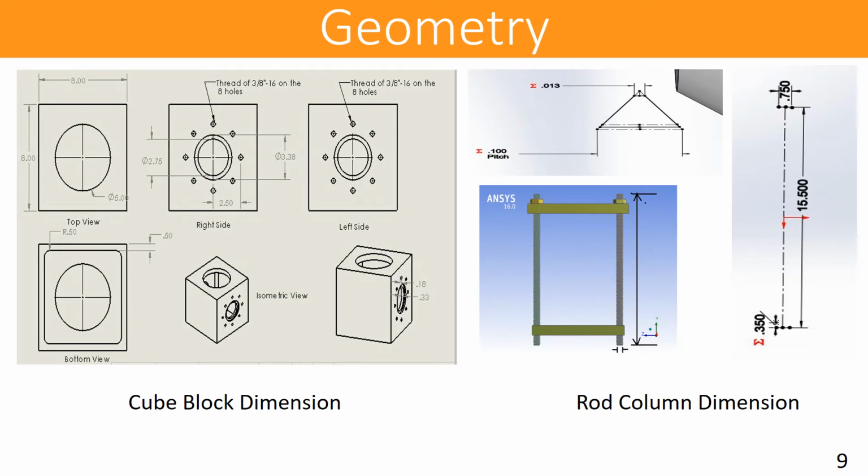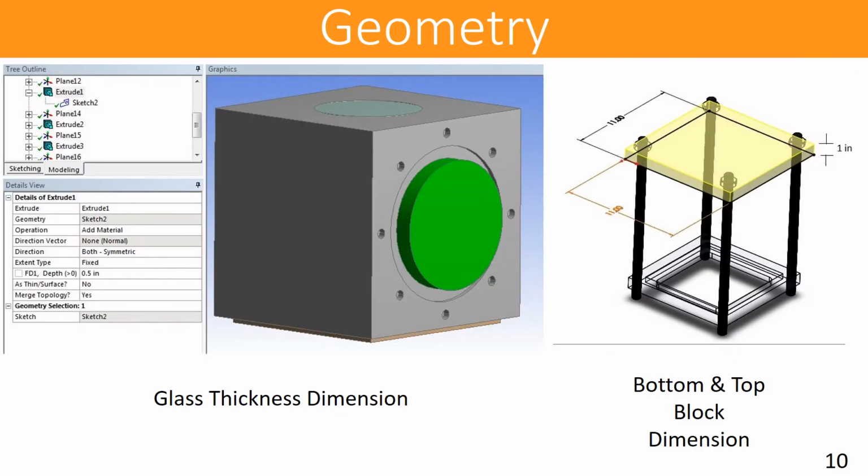In this slide, we can see the 2D view and the detailed dimensions for the cube block and the rod column dimension. This slide shows the glass thickness dimension done in the ANSYS Design Modeler, and also the bottom and top block dimensions.